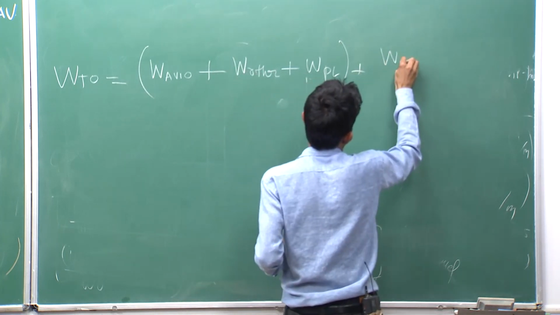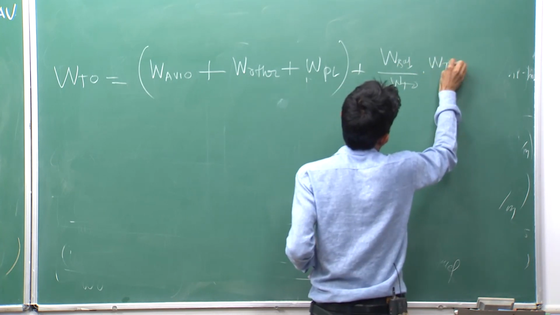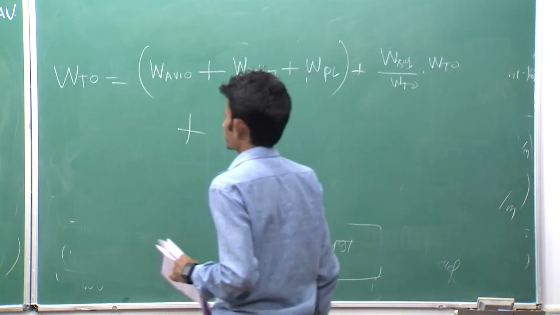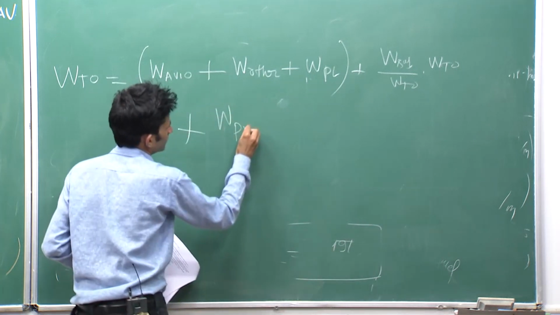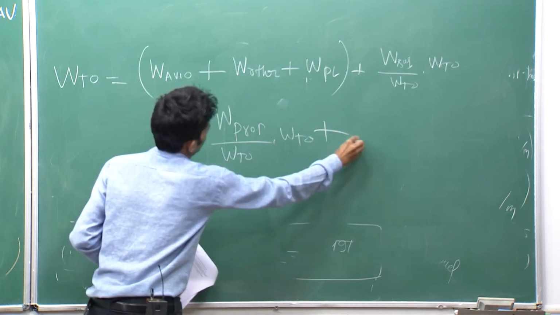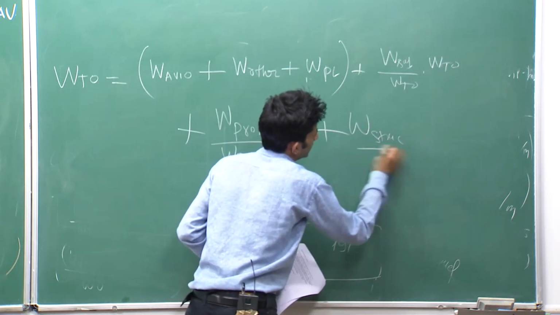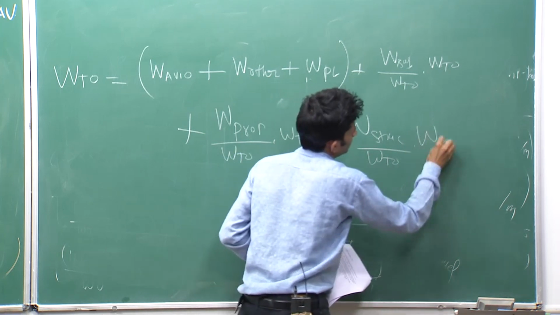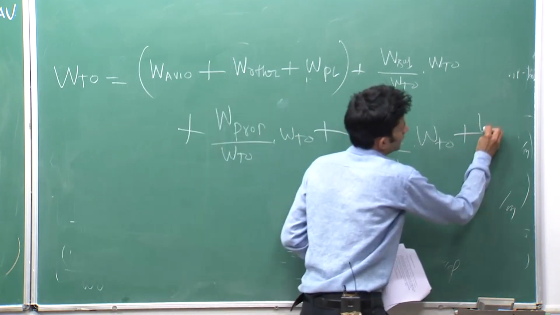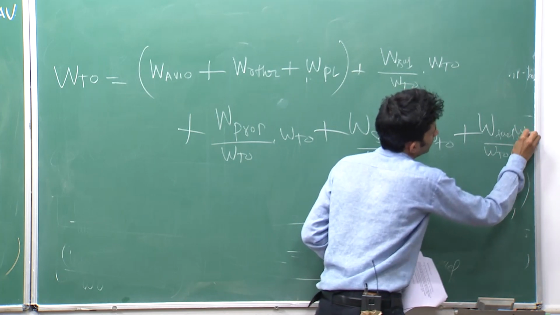So, W subsystem you can write as W subsystem divided by W takeoff into W takeoff, plus W propulsion, W propulsion divided by W takeoff into W takeoff, plus W structures divided by W takeoff into W takeoff, plus the last, W fuel divided by W takeoff into W takeoff.